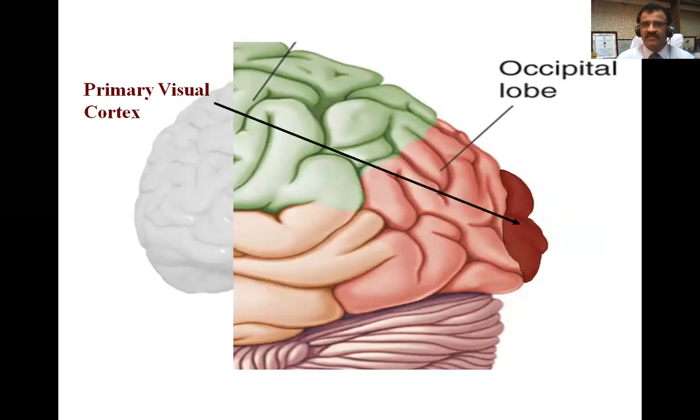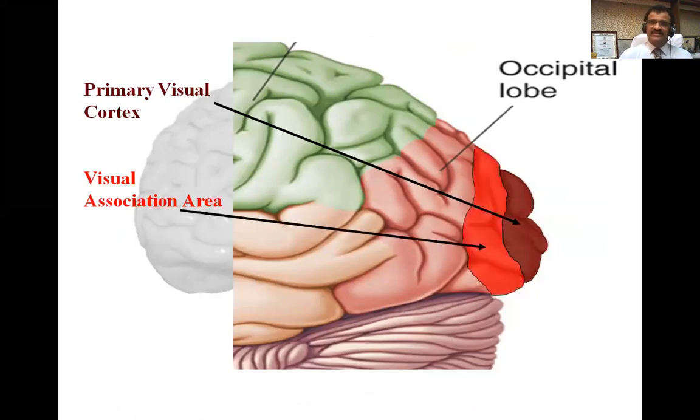First one is the primary visual cortex, area number 17. Second is the visual association area, area number 18 and 19. So these are the two important areas located on the occipital lobes. That is why the occipital lobe is also called the visual lobe. Okay, the frontal lobe is a motor lobe, the parietal lobe is a sensory lobe, and the occipital lobe is a visual lobe.